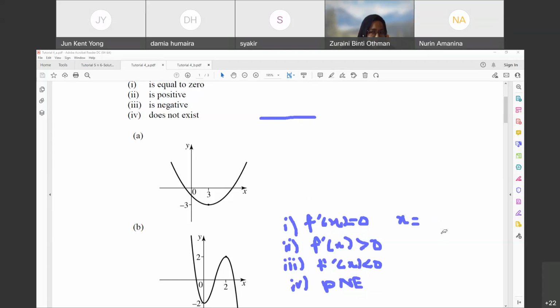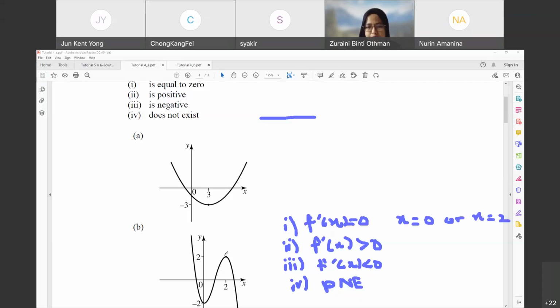Okay, anyone want to help? Chong Kang Pei, are you there? Yes. Where is the slope? Where is the x when the slope or gradient is equal to 0? X is equal to 0 and x is equal to 2. X is equal to 0 or x is equal to 2.